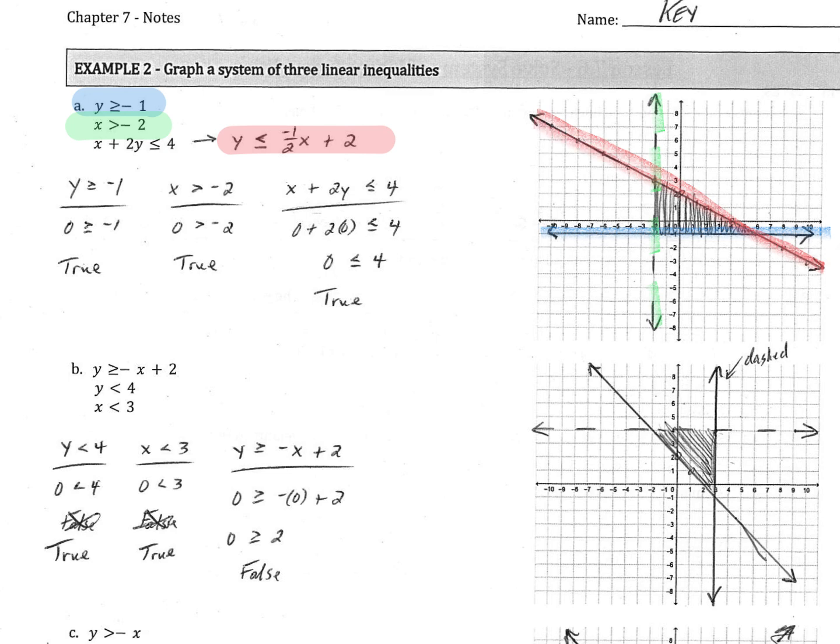Now the shading where everything overlaps is going to be this area, this triangle right in the middle. If you ever have 3 inequalities, they're usually going to overlap to form some sort of a shape. You can see the same example for example B. The shading overlaps to form this triangle.